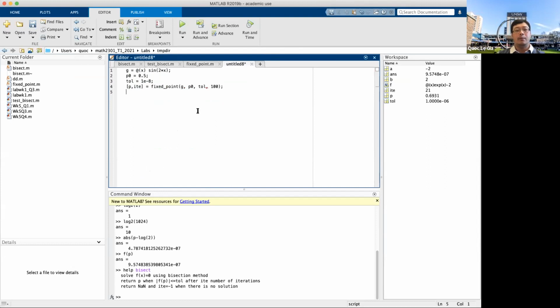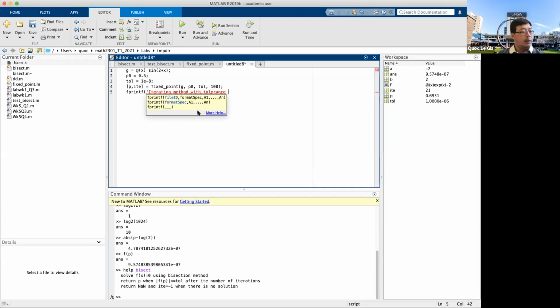Then after that, you print out the solution as before. So fprintf. Okay, so you print out fixed point iteration method with tolerance something.